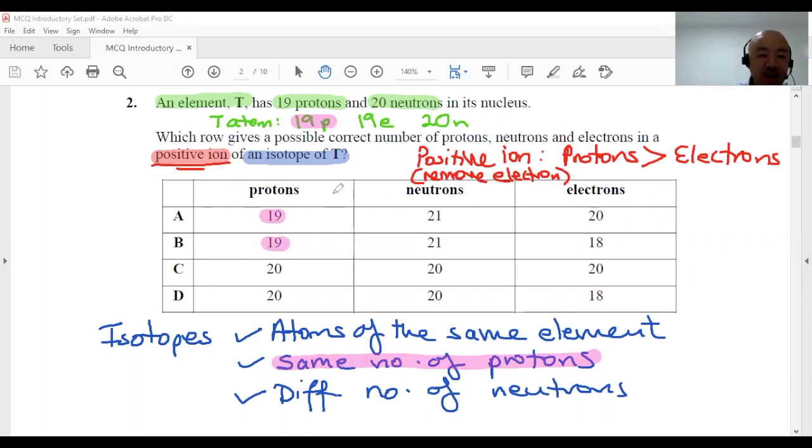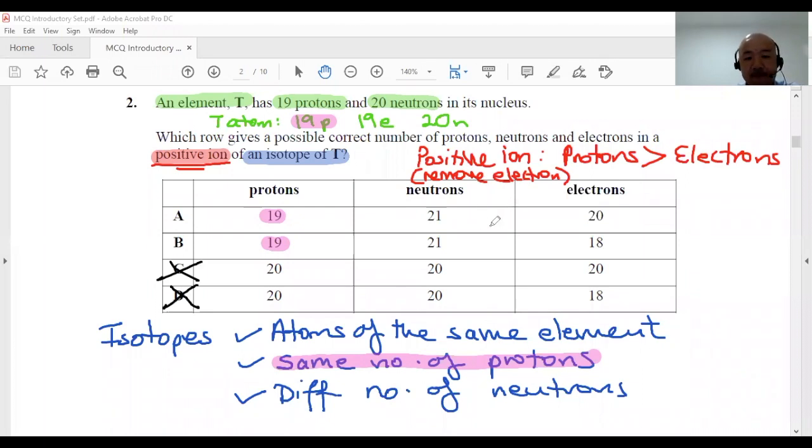With that, I am very, very sure that C and D are the incorrect answers. I'm going to cross them. We only have A and B, and then we investigate further.